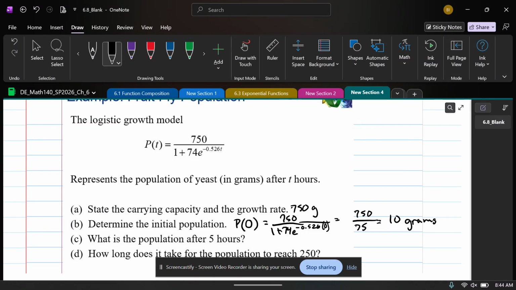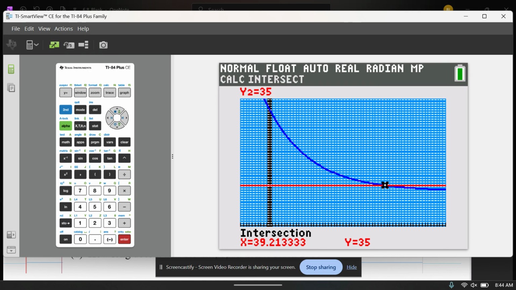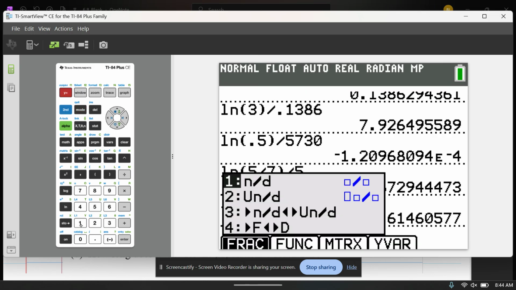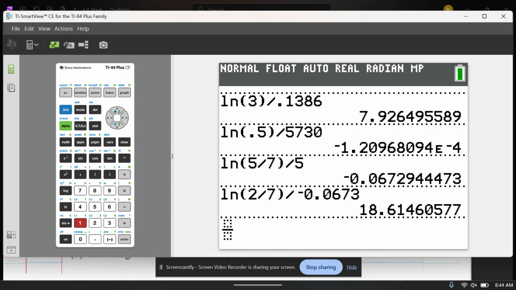What is the population after 5 hours? So what are we doing with the 5? Plug 5 into T, working that out. So P of 5. I'm going to do that with the calculator because I don't do the e stuff in my head. So I'm going to do a big fraction button. I'm going to put my 750 on top.